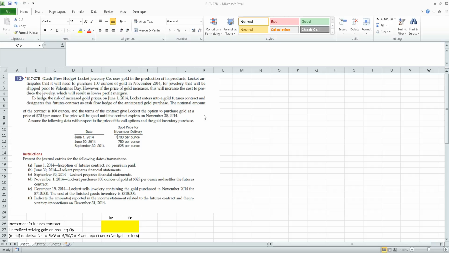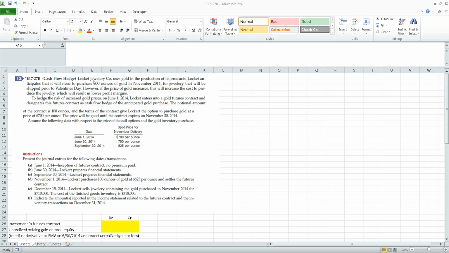In other words, the futures contract expires on November 30th, 2014. So here we're given some information about the spot price of gold. That's the price you'd have to pay if you went out into the open market and tried to buy gold on each of these dates.